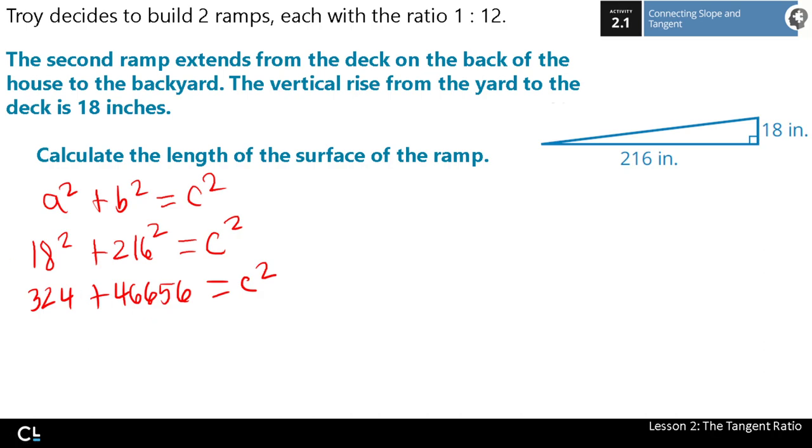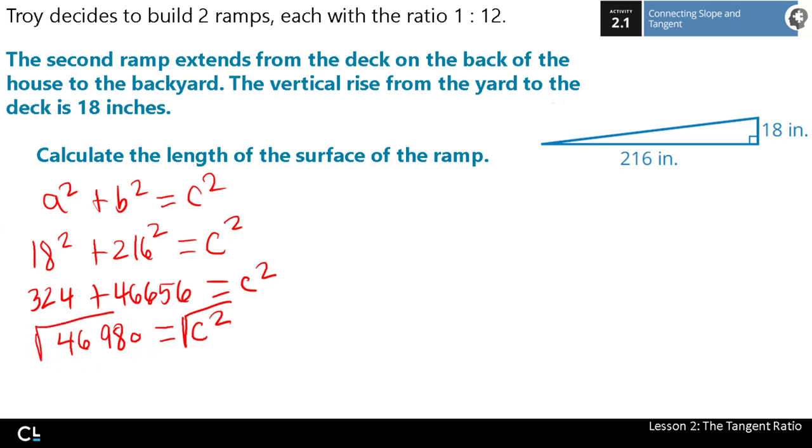So we got 46,656 plus 324, that's going to give me a nice big number, 46,980 equals c squared. Once again, we take the square root of both sides.